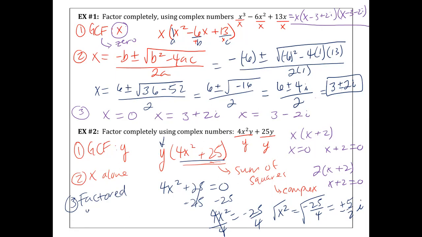So that's going to be the first factor we write. Your GCF is a factor, right? And now I'm going to write the factors from my zeros. So we have x plus 5/2 i, and then x minus 5/2 i. And that is your factored form.